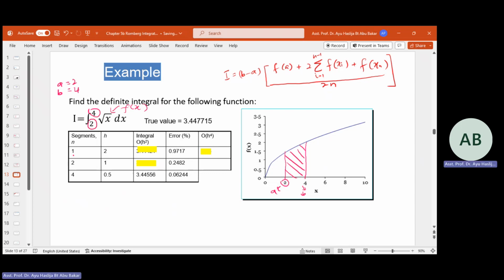Now here it already provides you the table. So using segments 1, 2, and 4. From the given segment, first thing you need to find the h. Here it is already given. Remember, the first step is always to find the h.